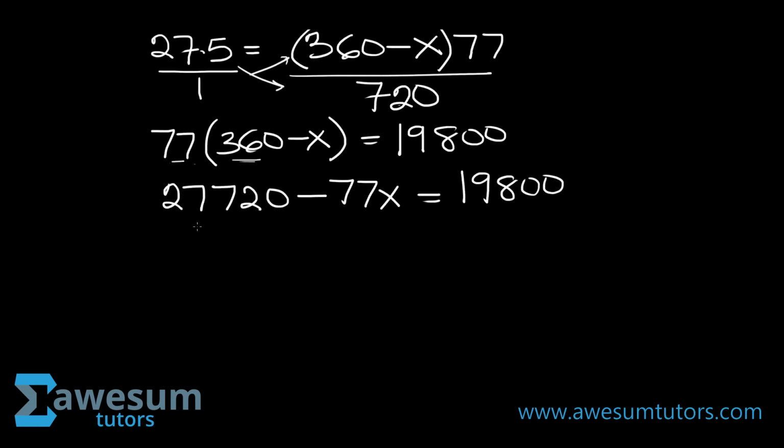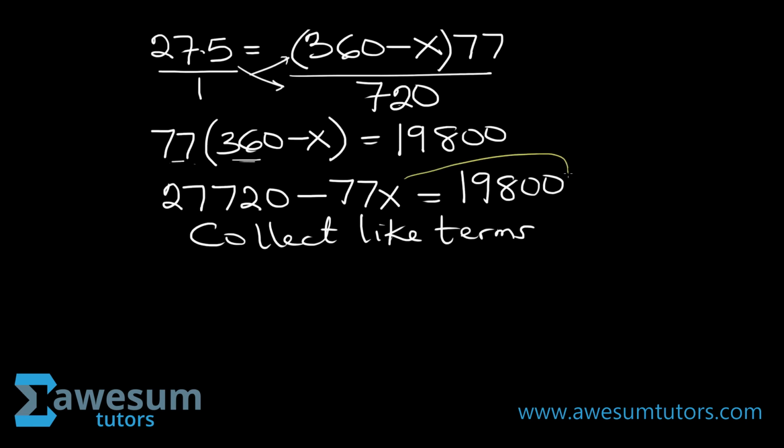Now I can collect like terms. How do I do that? This is negative 77x. I can let it cross the sign of equal to go to the other side, right? And then it's going to become positive. So it's going to be 77x.